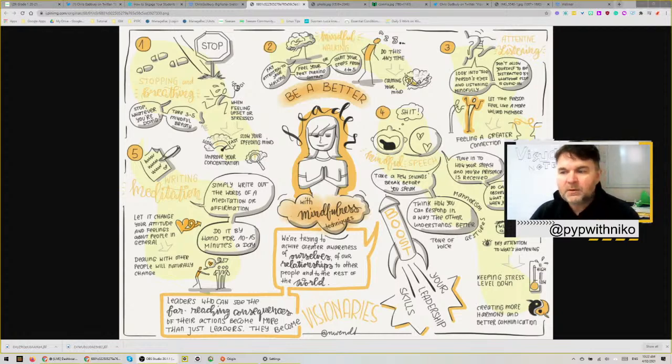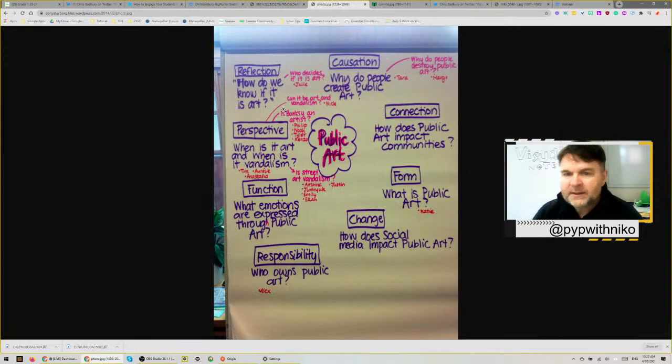We can also look at another great example here. This is from Ms. Sonia Tabor's blog, and this is how she is using the concepts. Here we have the key concepts: responsibility, change, form, connection, causation, function, perspective, and reflection. And how is it connected to public art?